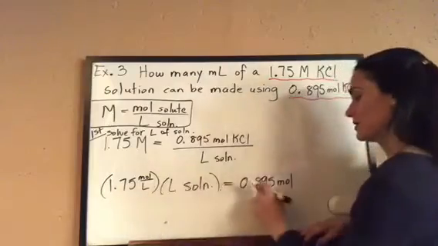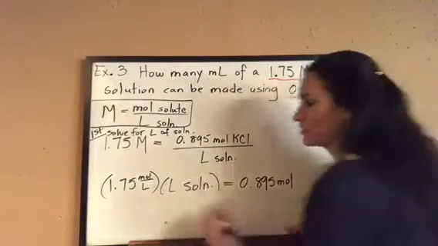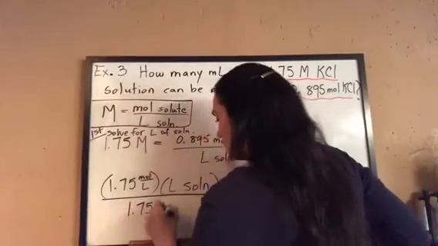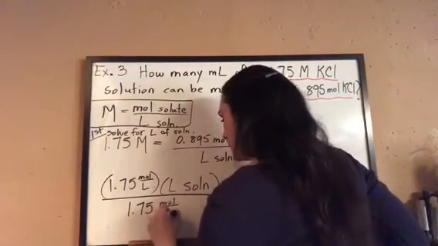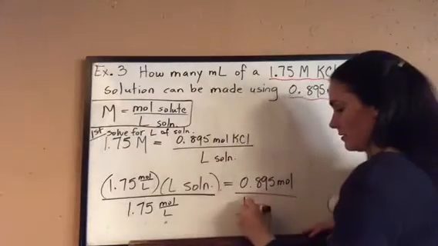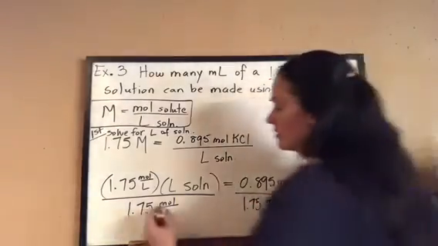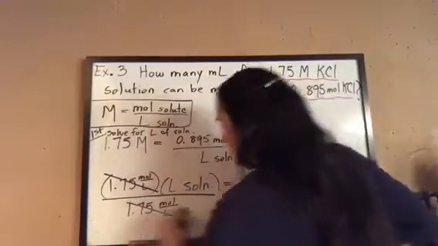So now we want to solve for liters of solution. If we divide both sides by 1.75, that cancels out on the left hand side.